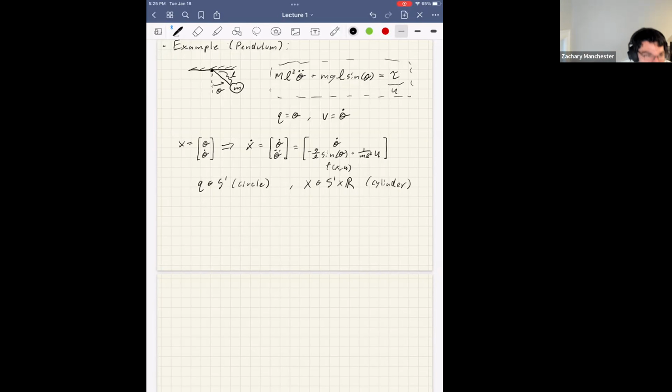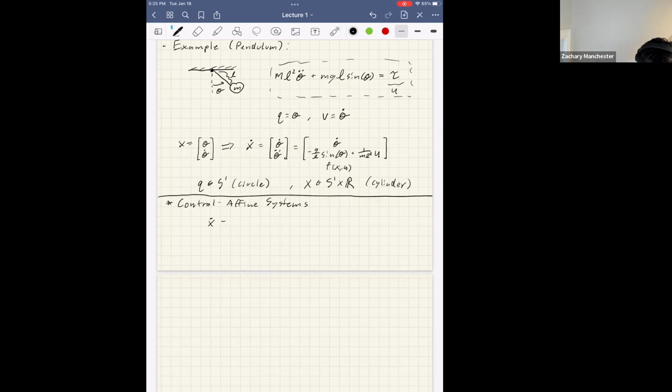So moving on then, enough random distractions from me. Now we're going to talk about a slightly more specific, restricted class of system called control affine. These look like the following.